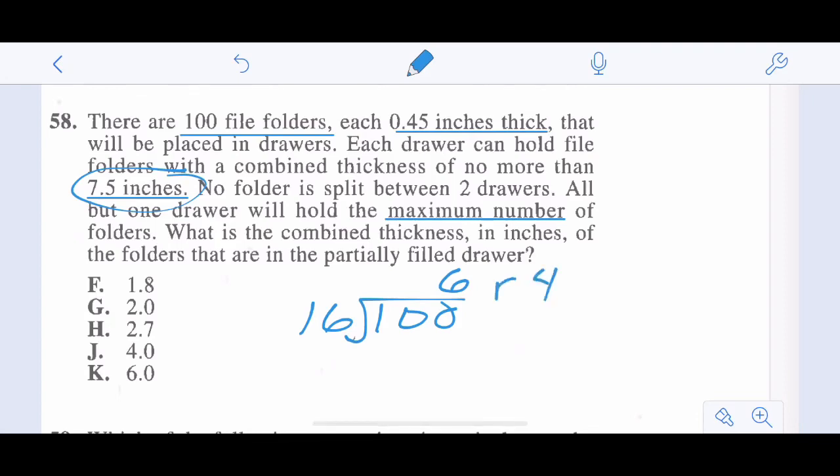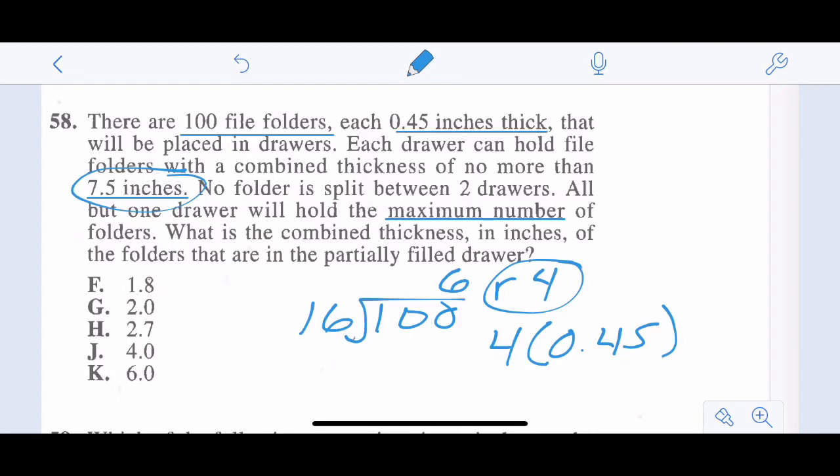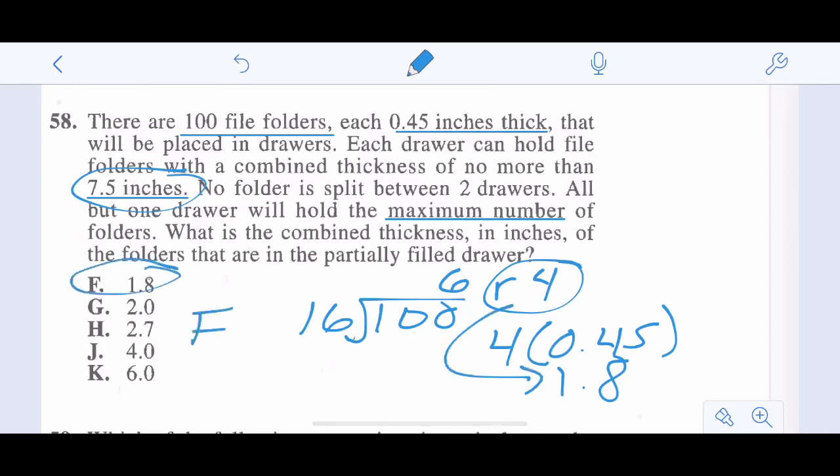Then we have 4 folders left over, remainder of 4. Each folder is 0.45 thick, so 4 times 0.45 is 1.8. So the thickness of the folders in the partially filled drawer is 1.8.